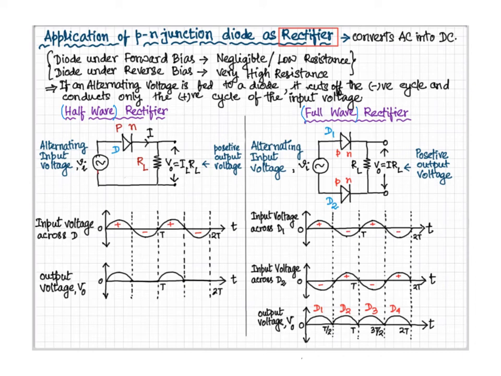So in half wave rectifier, we have fed alternating input voltage denoted by Vi to a PN junction diode, which is followed by a load resistance, and thus the circuit completes. So what happens is, we have plotted the input voltage across D. Now what happens?